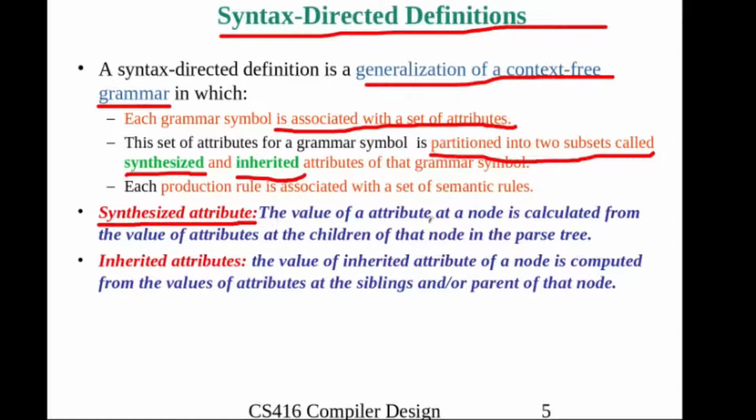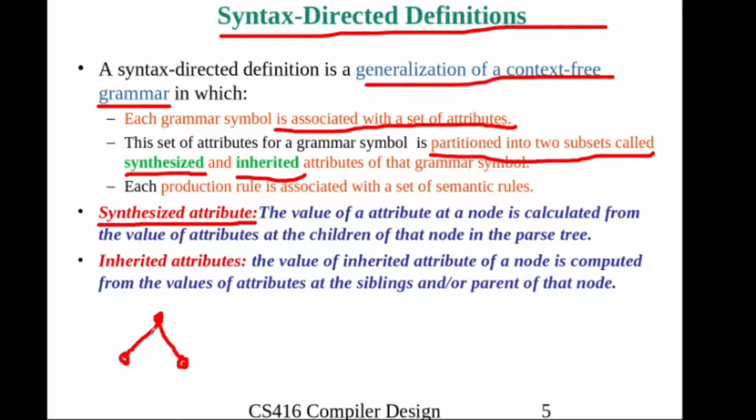So the synthesized attribute is where the value of the attribute at a node is calculated from the value of the attribute at the children of that node in the parse tree. For example, we are calculating the value of the attribute of this node, and this is done with the help of the value of the attribute of its children.